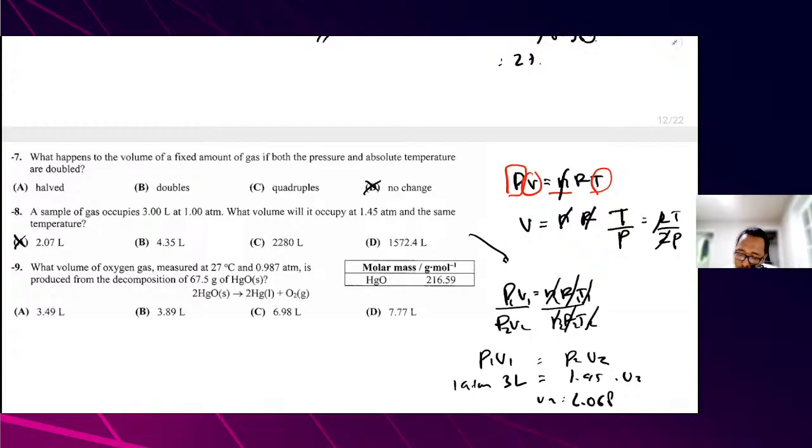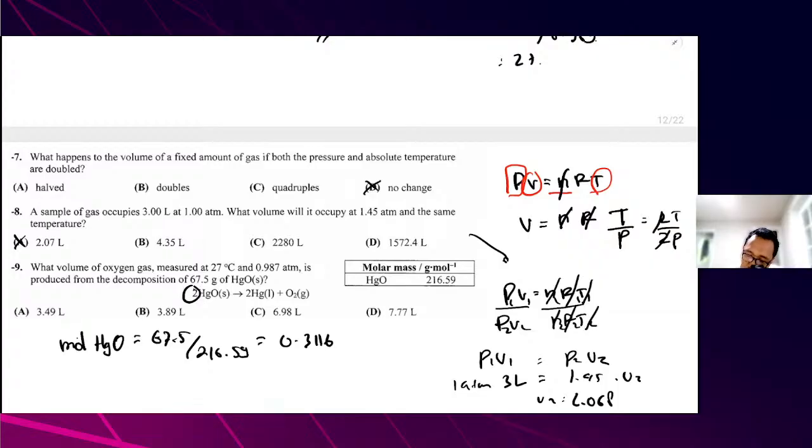Moles of HgO: 67.5 divided by 216.59. So it will be 0.3116.